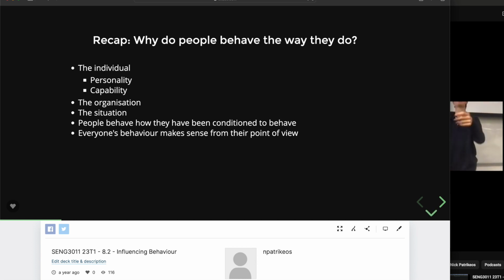And then eventually you can just say sit, and you don't even need the treat. It's intrinsically rewarding and gives them a feedback loop. So that's the way you can think about this. I'm not saying humans are dogs, but we similarly follow these patterns of behavior that generate consequences and rewards for us. Everyone's behavior makes sense from their point of view.